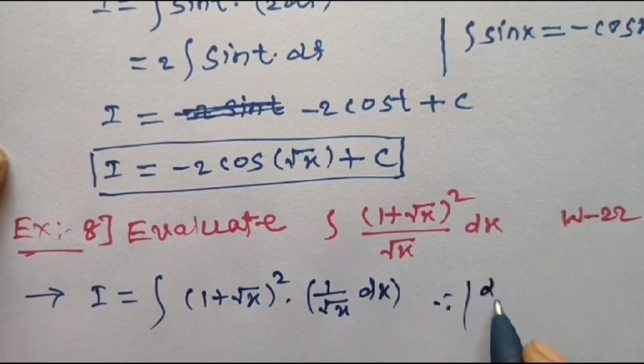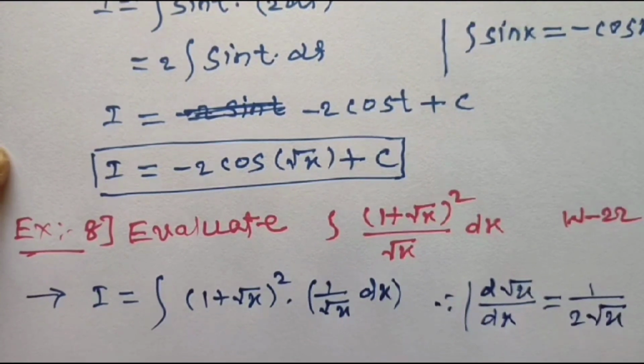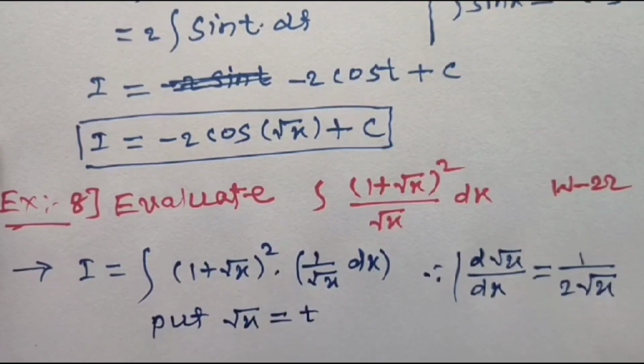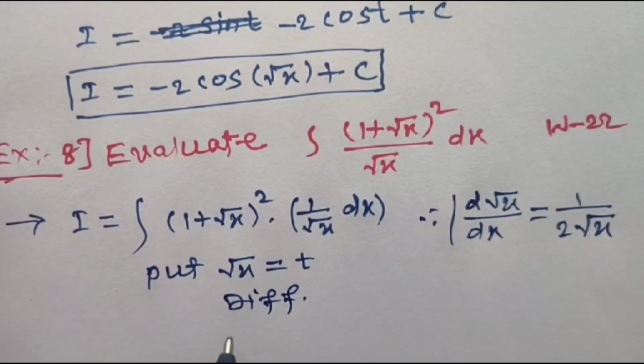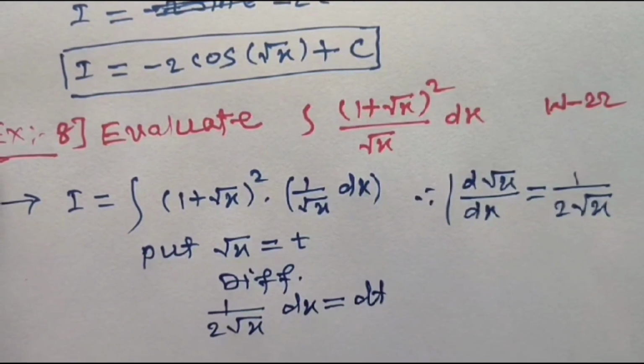Since the derivative of root x with respect to x is equal to 1 upon 2 root x, we are using substitution for root x. Root x is equal to t. Differentiate this. Hence, 1 upon 2 root x dx is equal to dt. We want 1 upon root x dx.